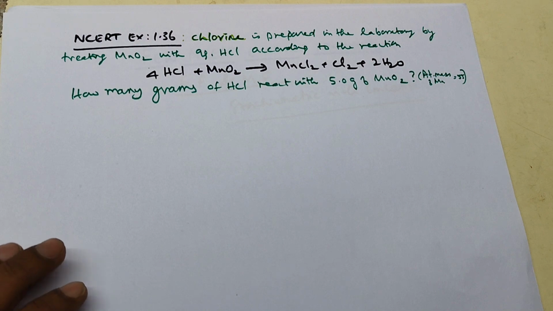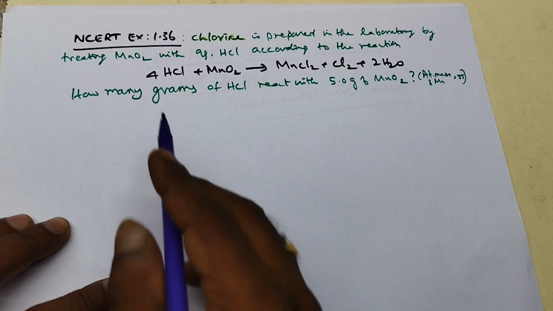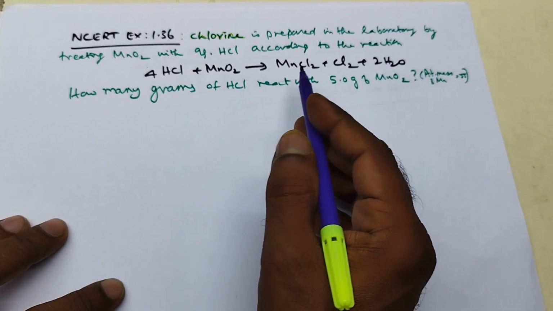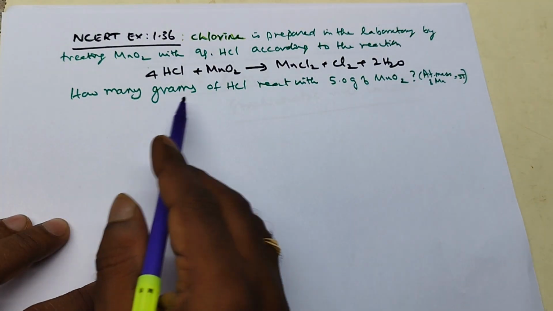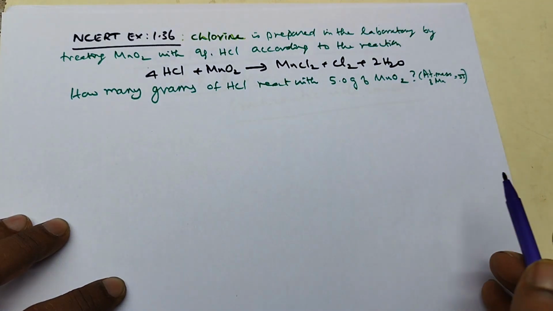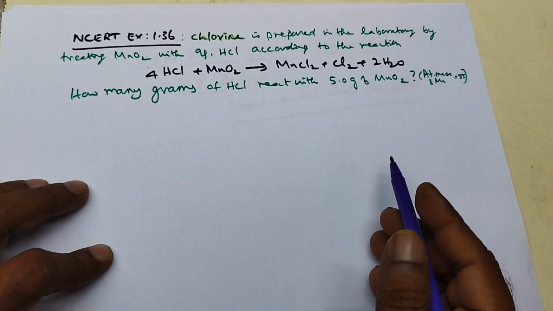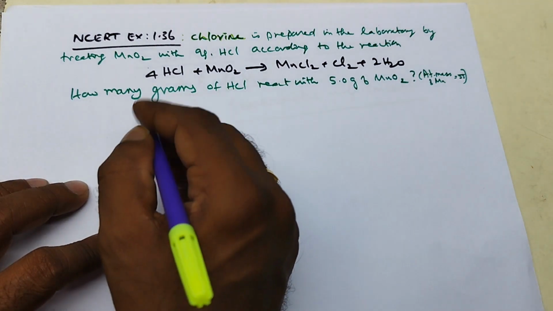The other NCERT exercise problem is 1.36. Chlorine is prepared in the laboratory by treating manganese dioxide with aqueous HCl according to the equation: 4 moles of HCl reacts with 1 mole of manganese dioxide to give MnCl2 plus Cl2 plus 2H2O. The question is how many grams of HCl react with 5 gram of MnO2? Within brackets they have given the atomic mass of Mn as 55. First you want to calculate the molar mass of MnO2.